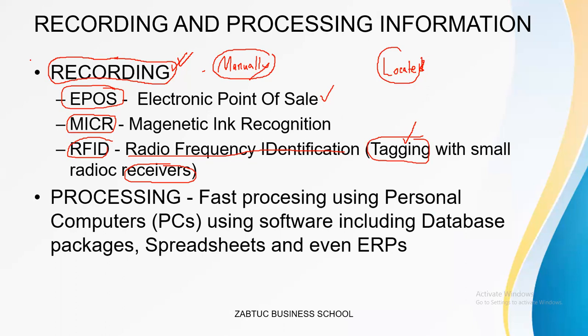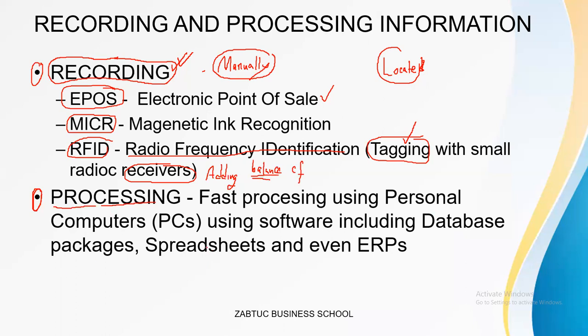Assuming that whatever method we're using, we have successfully recorded the information, what follows? Processing. That information needs to be processed. Yes, earlier on, the processing would be manual, where we start getting the calculators and we are adding figures and subtracting figures and completing the double entry and balancing off the accounts and carrying these balances forward.